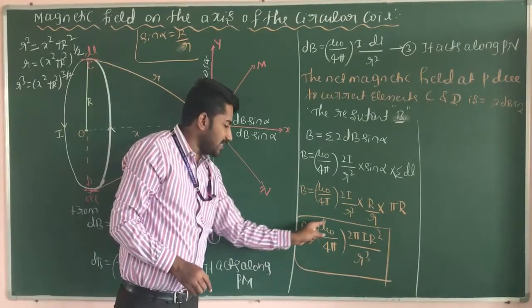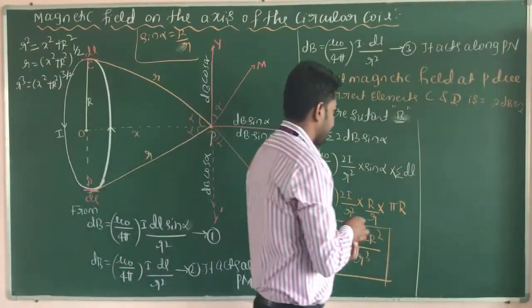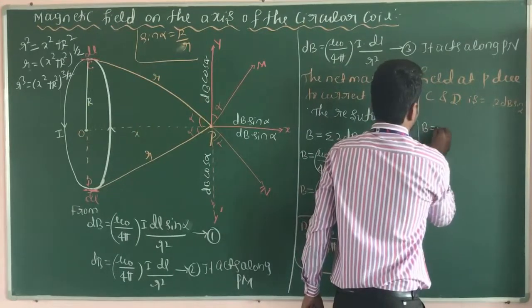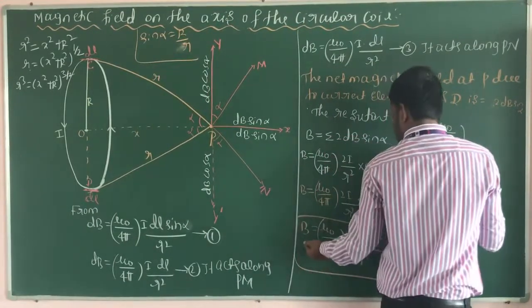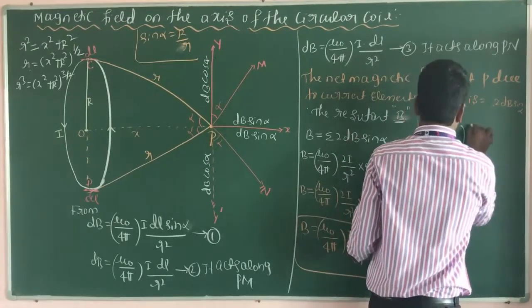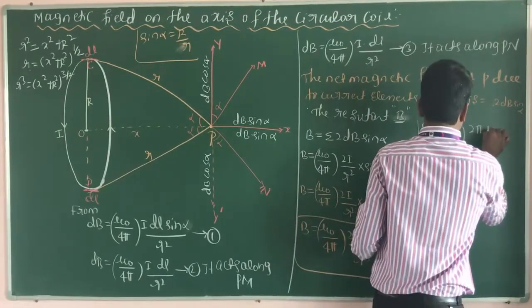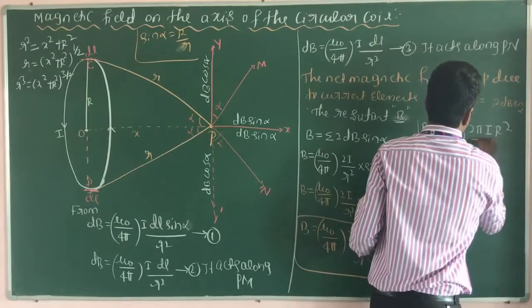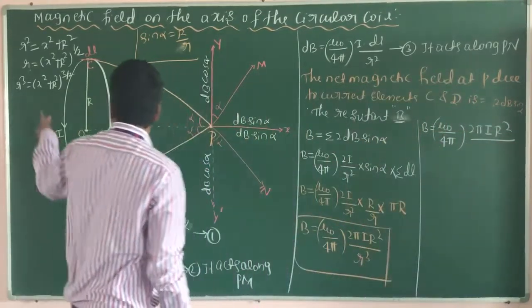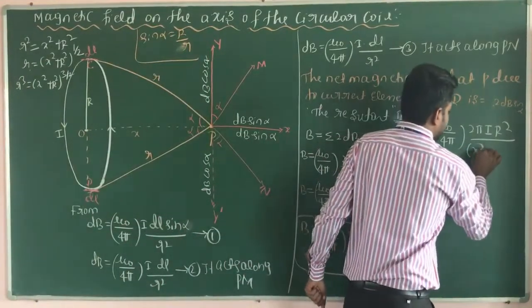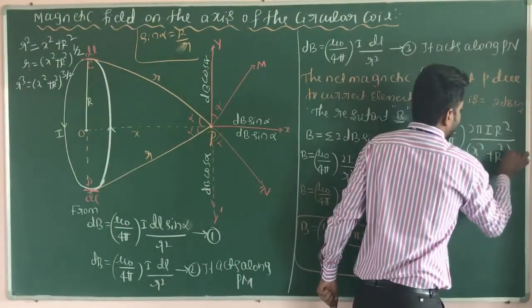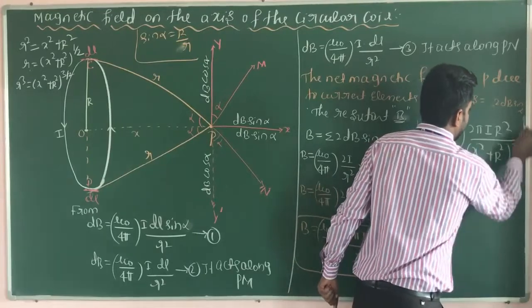Here B is equal to mu naught divided by 4 pi, then 2 pi I r square divided by R cube. Substituting this value in that equation, we get x square plus r square whole to the power of 3 by 2.